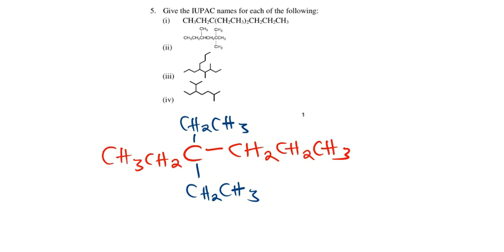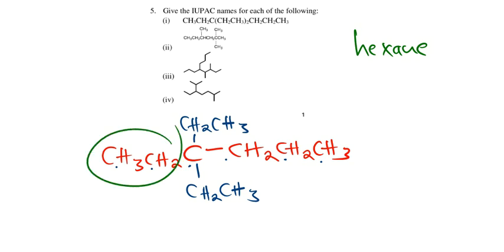No wasting time. So we have 1, 2, 3, 4, 5, 6. The parent name of this structure is hexane because it's a 6-carbon chain. And then the substituents are 2, and they are closest to this side, right? So we can take them to be on the 3rd carbon, because if you start from the other side, it will be on the 4th carbon. I want the lowest positioning possible. So that will be a 4.